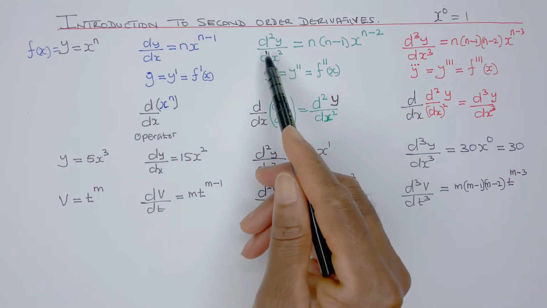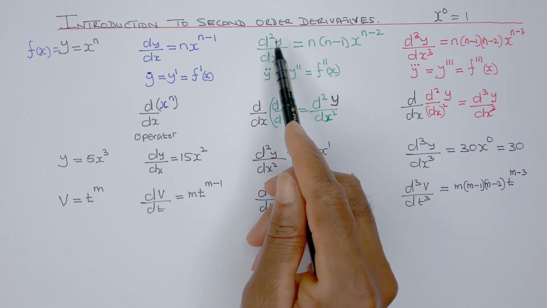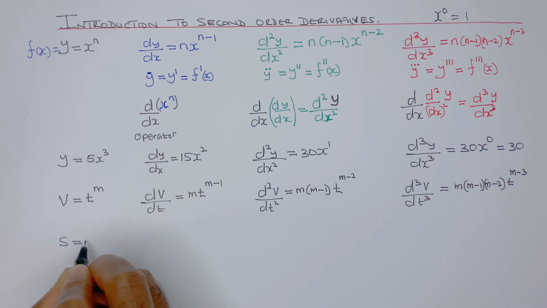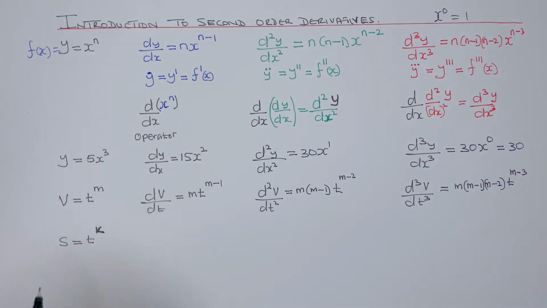The second order derivative is the rate of change of gradient with respect to x. Where this is actually useful is when displacement is a function of time to the power of k, in this case. So that's displacement s equals t to the power of k.